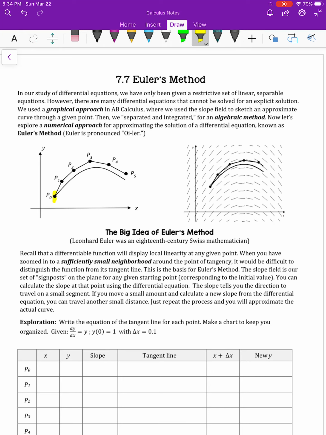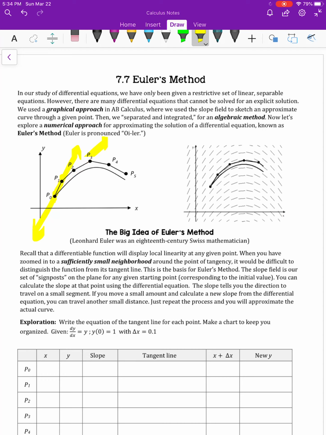So if you are centering a tangent line at the point P sub 0, then this would be your tangent line, something like that. You're going to move, like 0.1 or 0.01 or 0.05 away and calculate that on your tangent line.